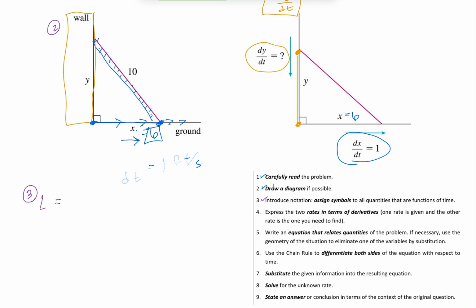I'm going to erase this since I have it over there on the right, so I can move this up. L will be the length of the ladder. And that's a constant, and we've been given that as 10.